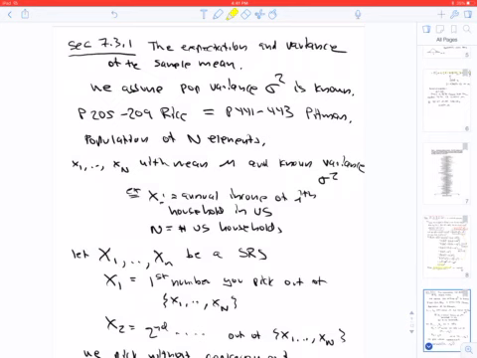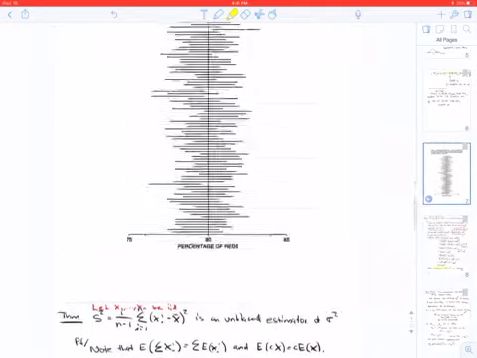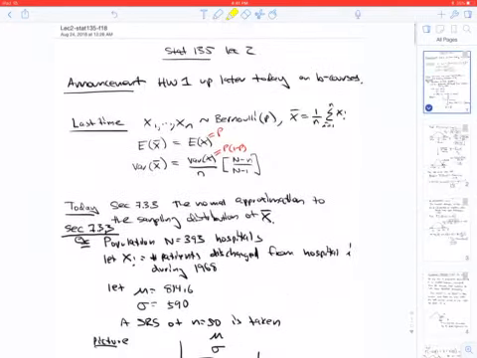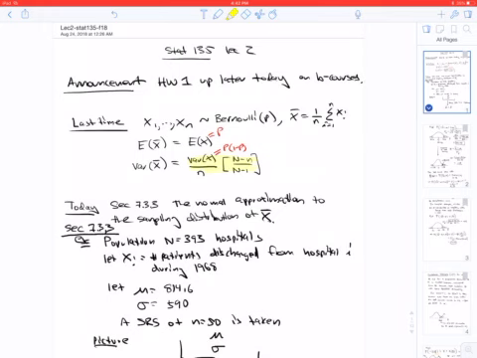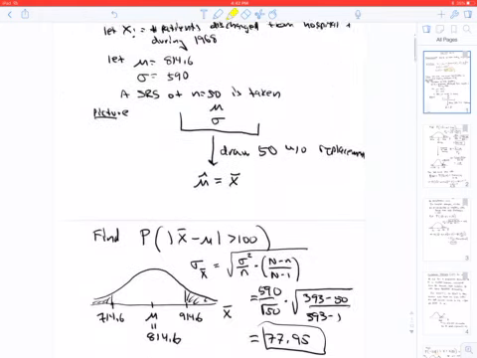So then we started section 7.31, which is actually a step back. Here is where we prove that correction factor formula for the variance of the sampling distribution. So up at the very beginning, this formula. So this formula here we're going to show.